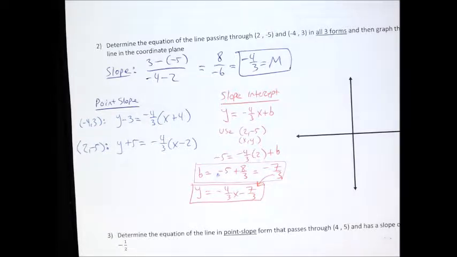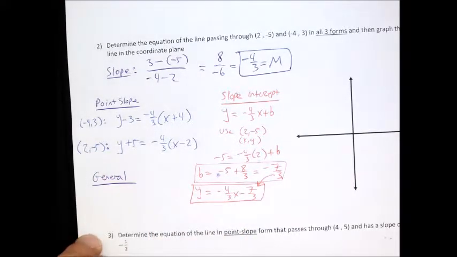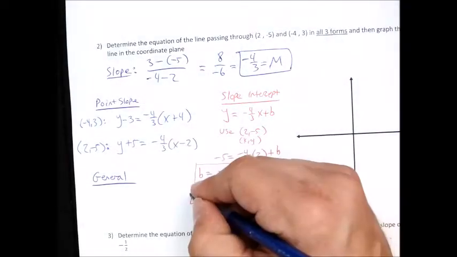All right, and then the last one I'll do here is just write down the general form. As I said before, I think the easiest way to get to the general form is just to rewrite point slope form and get everything over to one side. So I'm going to rewrite this.